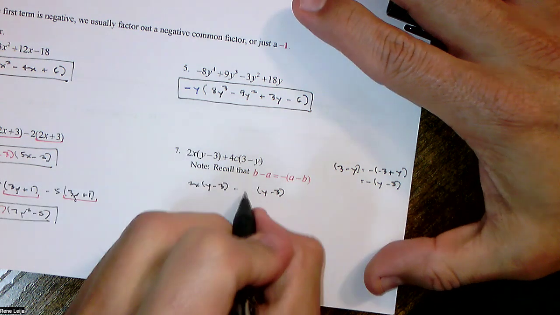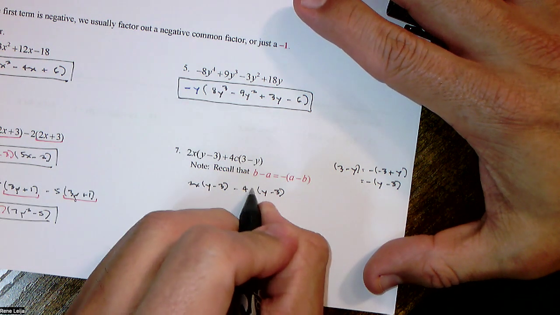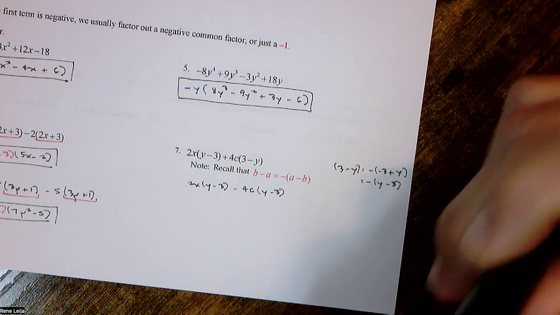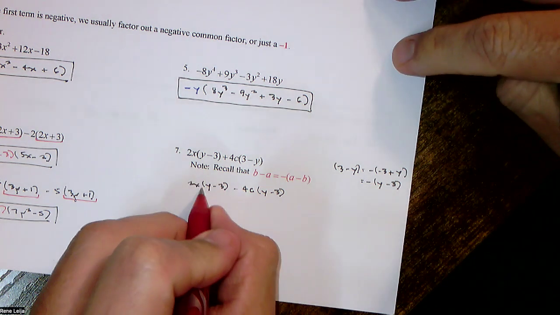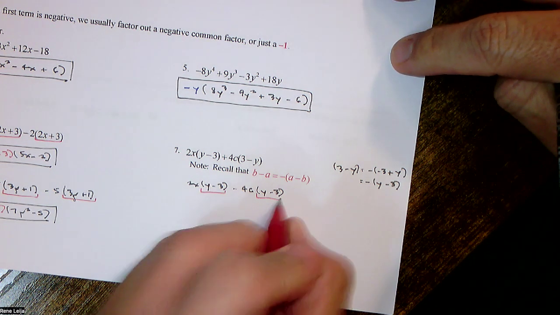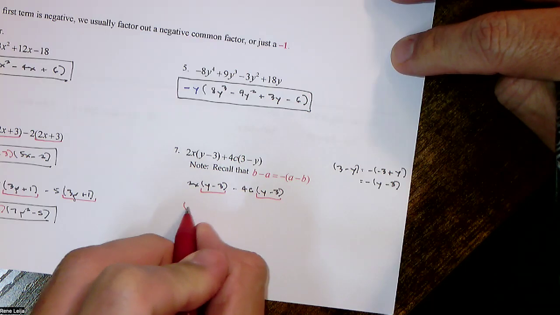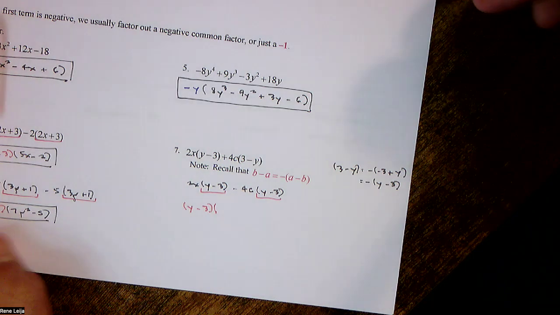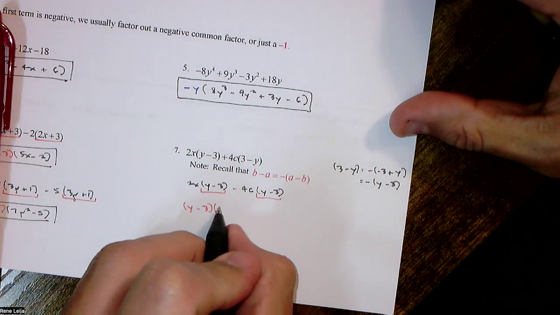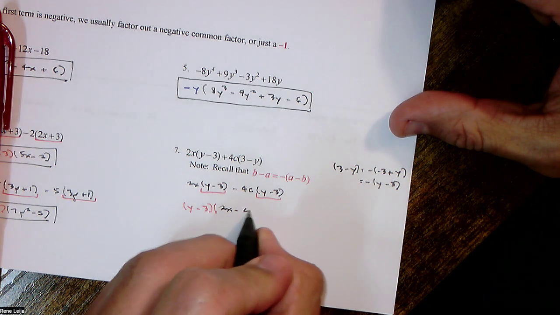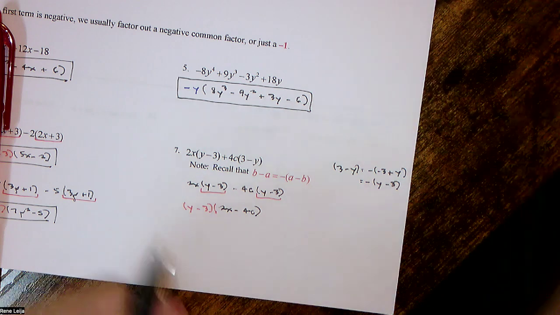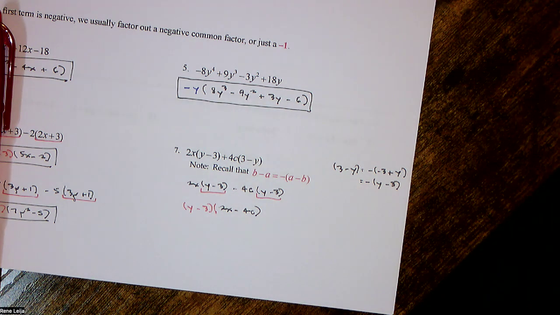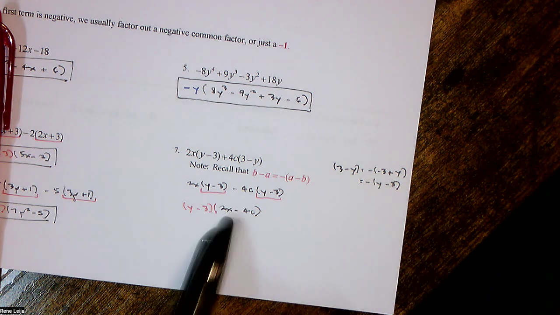All right. So now notice that we have our GCF, which is the y minus 3. So let's take that out. And then we're going to write what's left, which is the 2x minus 4c. Okay, now I'm not quite done because they were tricky about this. Notice here, do you see how you have a GCF?